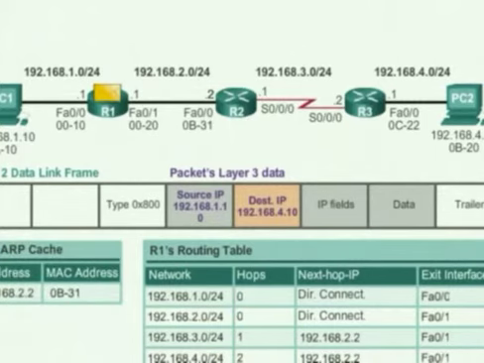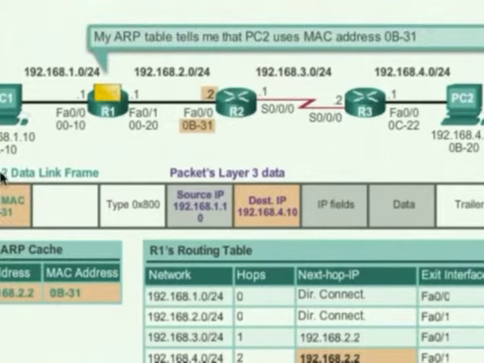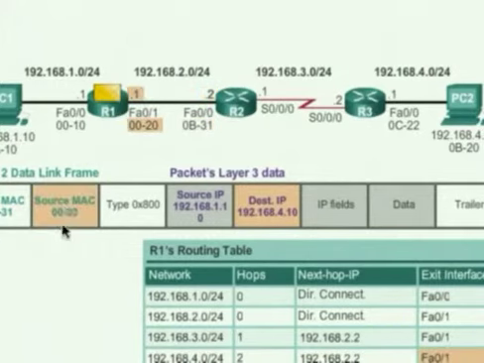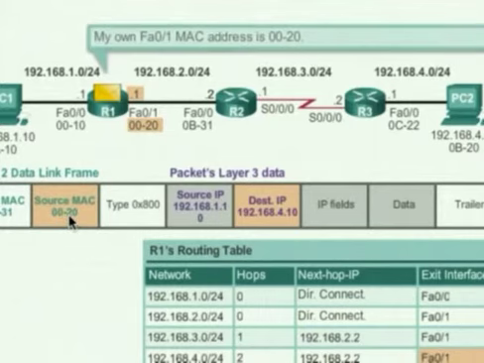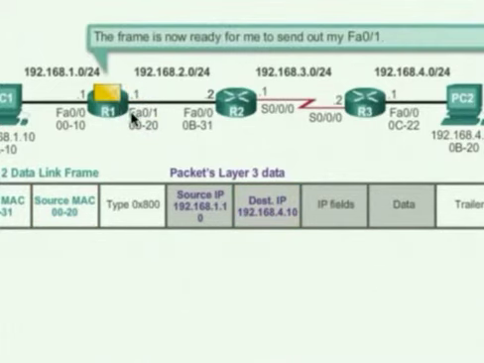So it checks its ARP cache to see the destination MAC address of router 2, that is 0B31, and it puts the destination MAC in the layer 2 data link frame, and then the ARP protocol says that its MAC address is 0020. So now router 1 is ready to forward the packet from its interface FA0/1 to router 2.